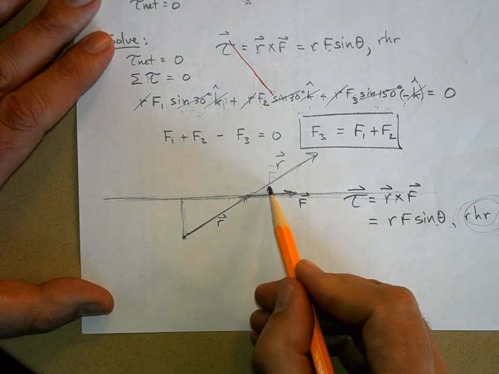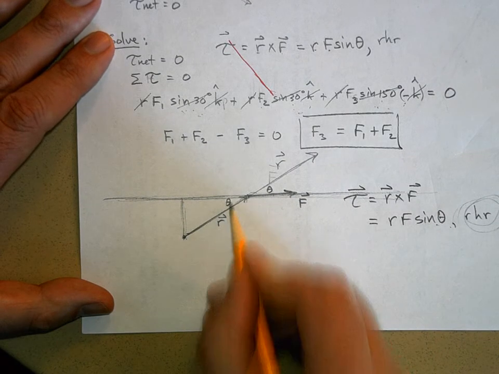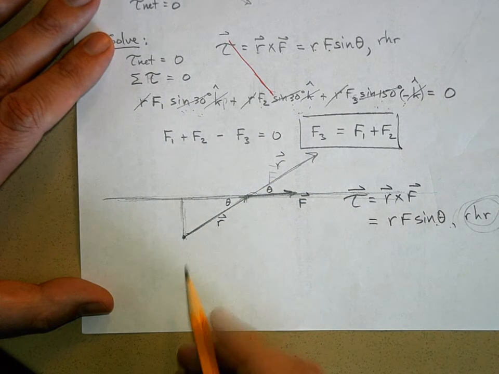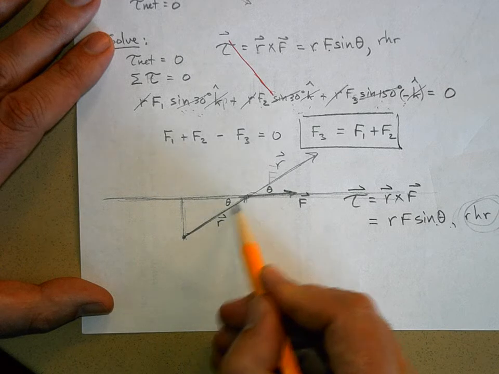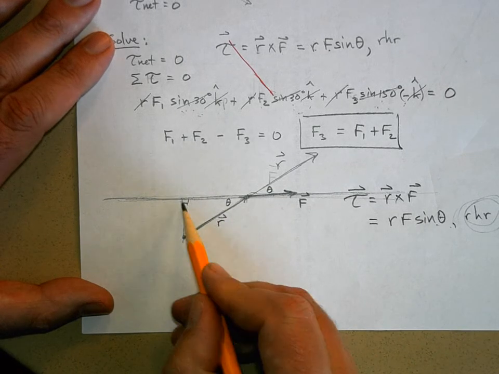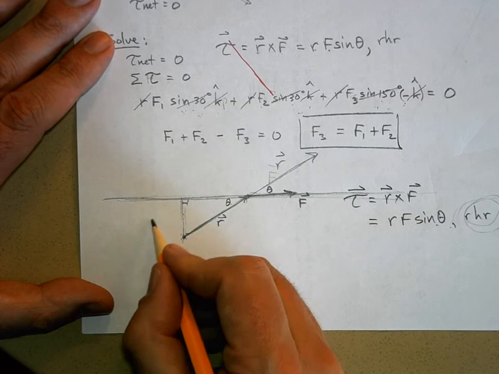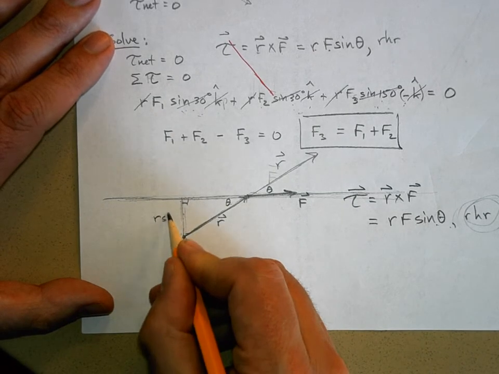Now, if this is theta here, then this is theta, isn't it? Well, here's r. This is a right triangle. This is the perpendicular distance to this line. So this is opposite, so this is equal to r sine theta, isn't it?